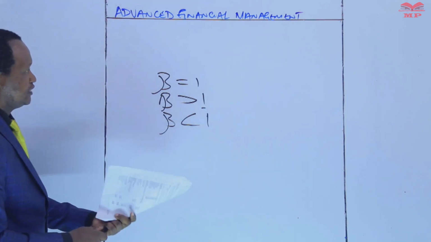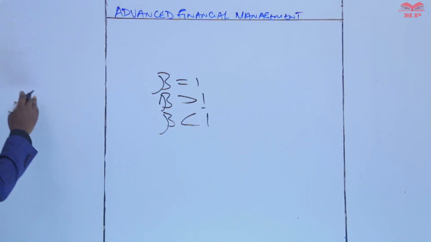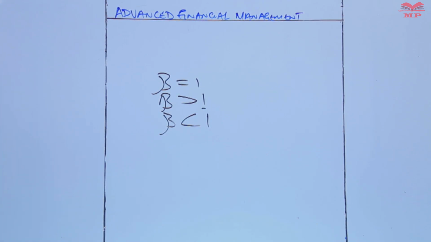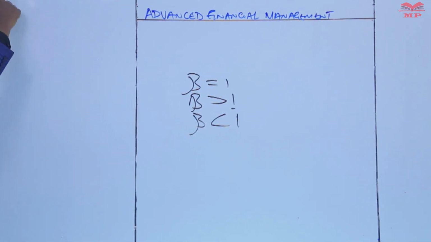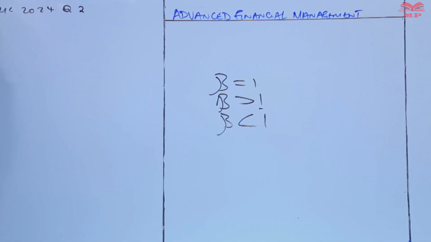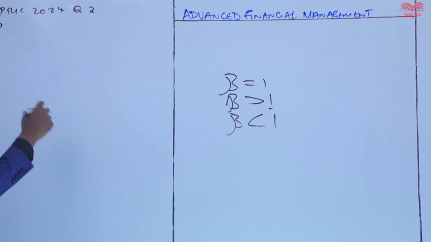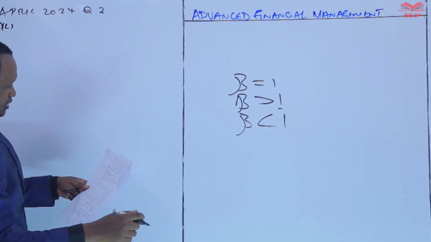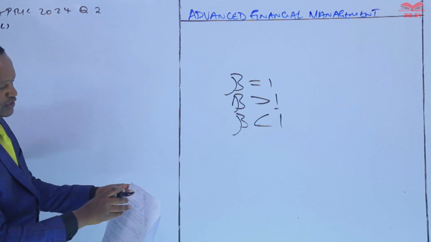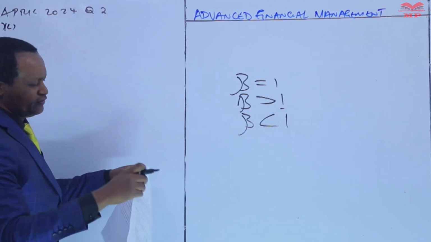The risk-free rate of return. I'll begin on page 1. This is April 2024, question 2A, Roman 1. We are to calculate the risk-free rate of return given the information.